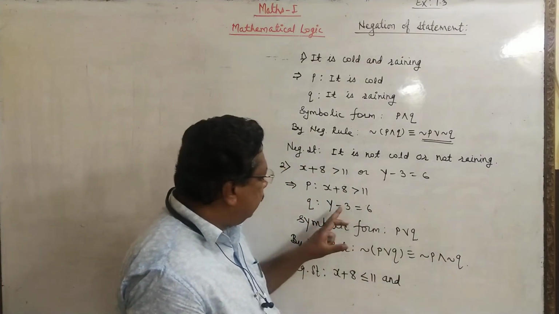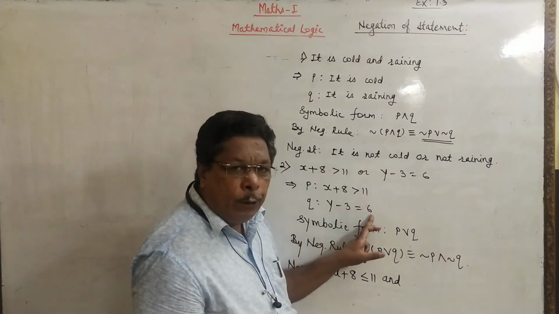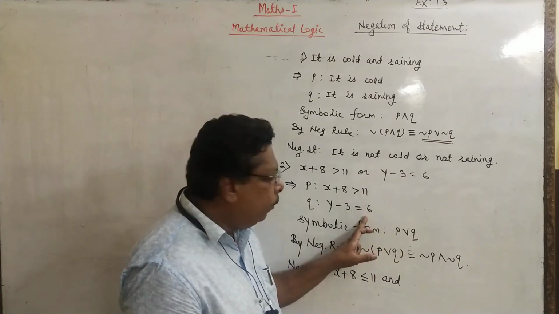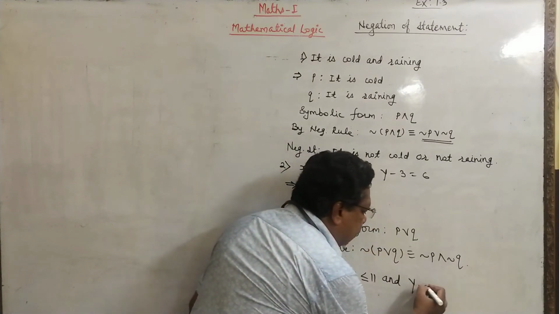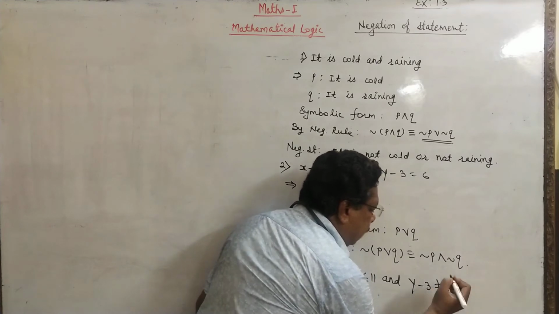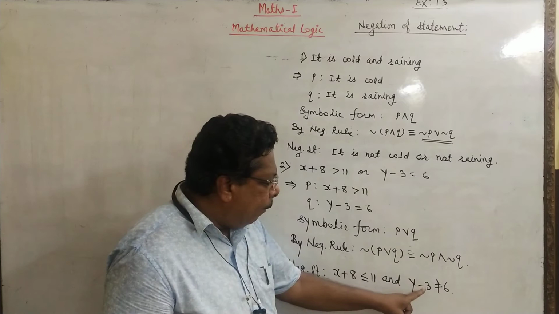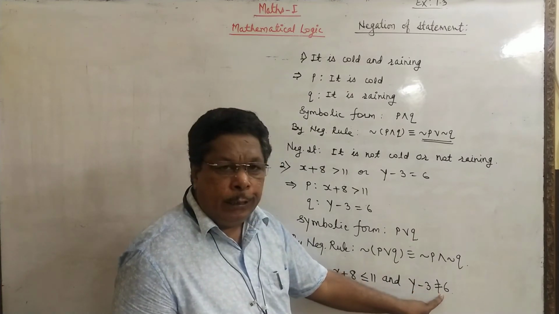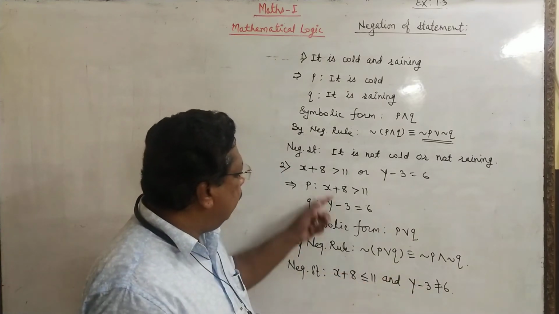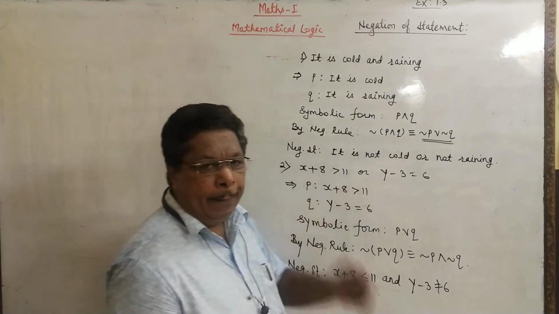Negation Q. What is Q? y minus 3 equal to 6. What is negation Q? We can write y minus 3 is not equal to 6. So x plus 8 less than or equal to 11 and y minus 3 is not equal to 6. This is the negation statement of the given statement.